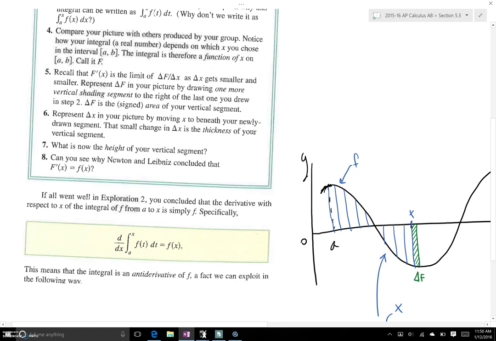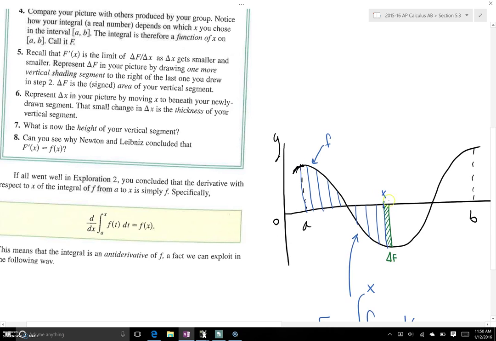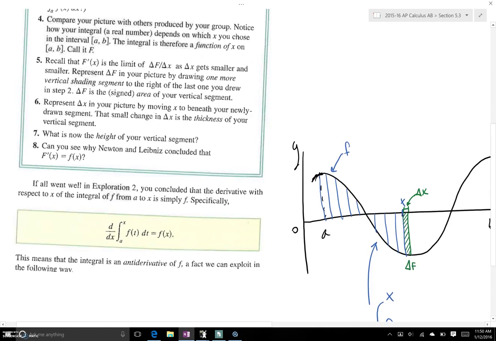For 6, we're going to represent delta x in our picture by moving x. We've got that on the number line here. So this is our delta x. And the last statement says, that small change delta x is the thickness of your vertical segment.